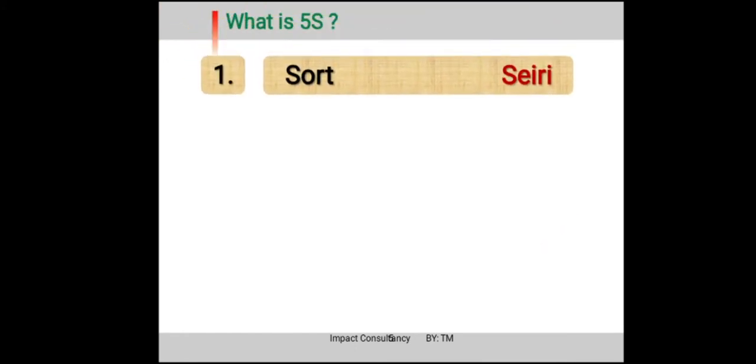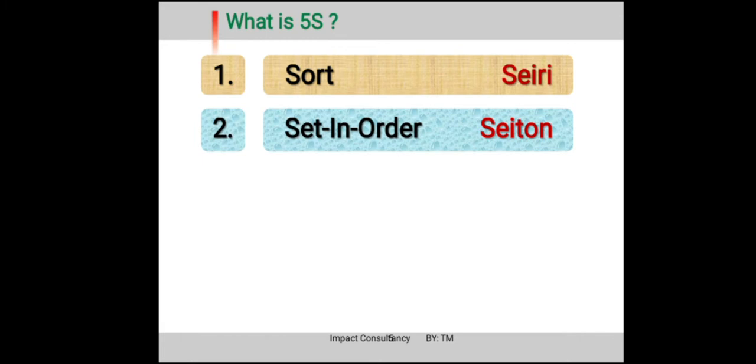5S is organized by 5 words that start with the letter S, in Japanese and also in English. The first S is sort, seiri in Japanese. The second is set in order, seiton.